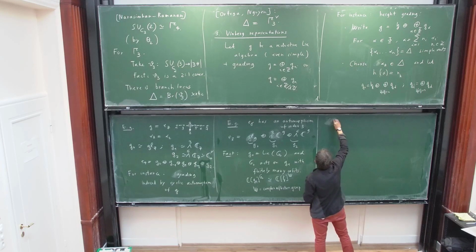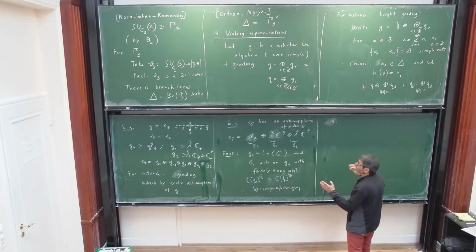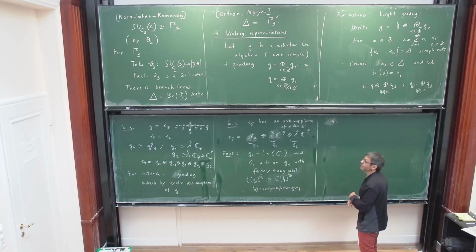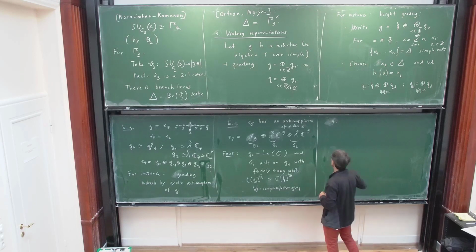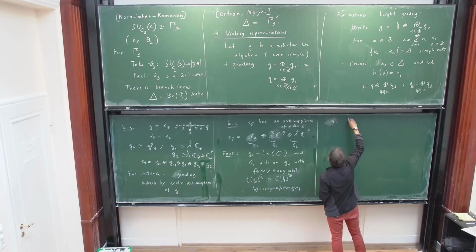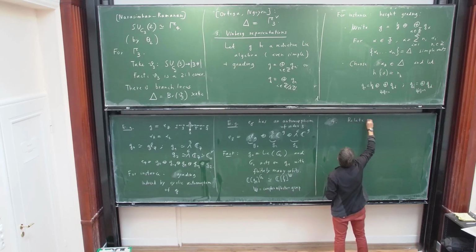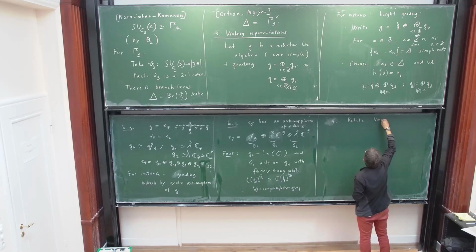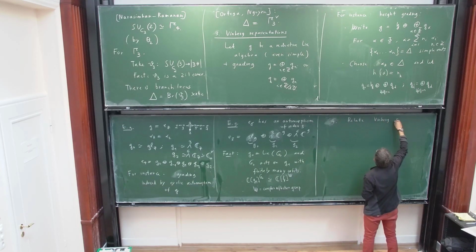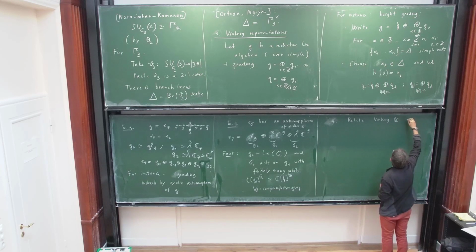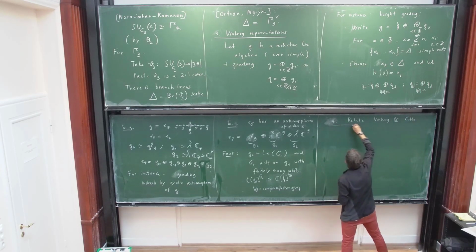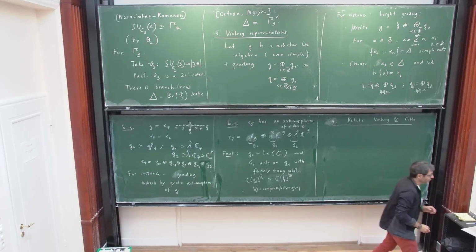Okay, good. So now let's try to go from one thing to the other, at least by means of an example. So relate Vinberg and Coble. These two guys are very interesting, and we try to relate them.